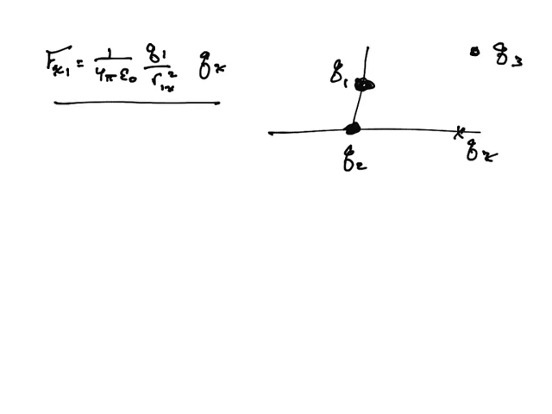It's the charge that's going to feel the force times this mess over here, which is a constant, 1 over 4 pi epsilon naught, times the charge that's giving us the force divided by the distance from that charge to us.